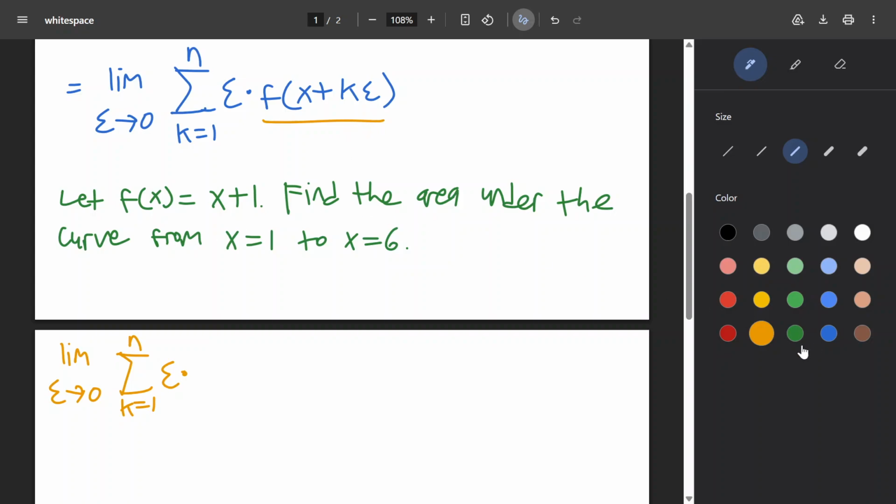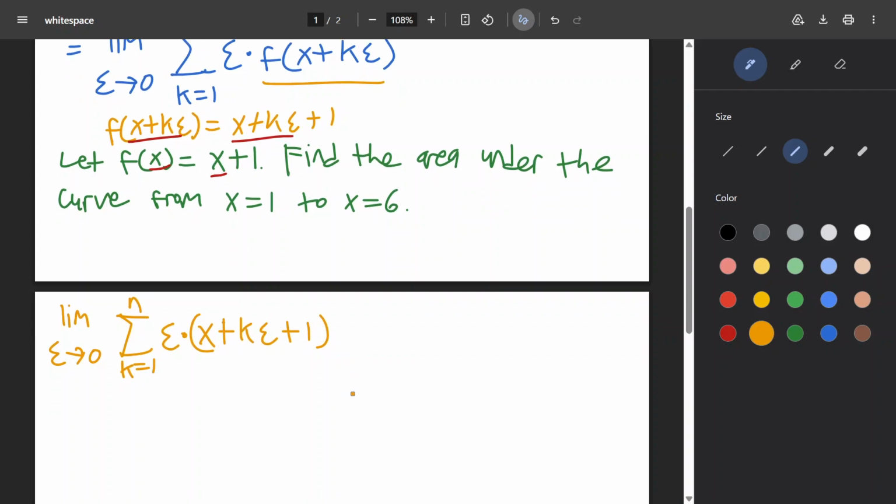But if our f of x is x plus 1, then it must follow that f of x plus k epsilon is equal to x plus k epsilon plus 1. All I did was replace x with x plus k epsilon, because that's how we defined our area. So I'm going to write here x plus k epsilon plus 1, because that is what our f of x plus k epsilon is equal to.